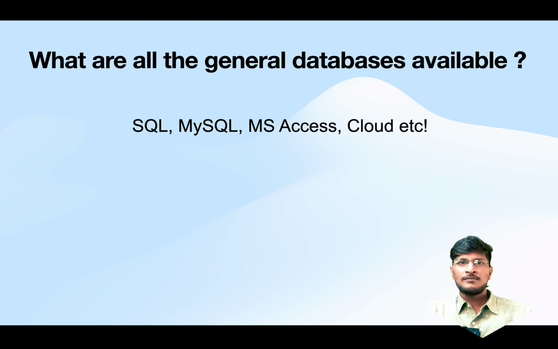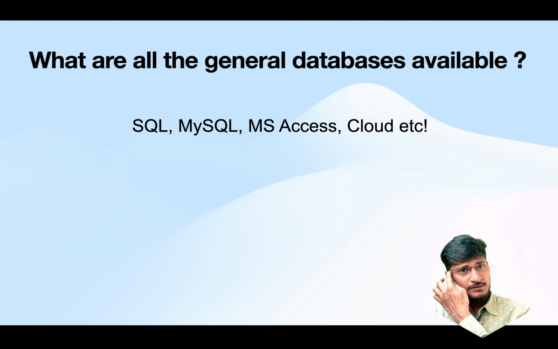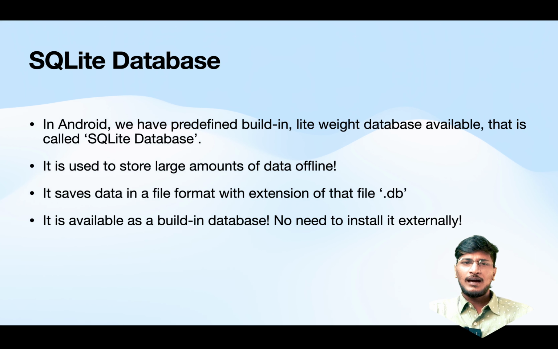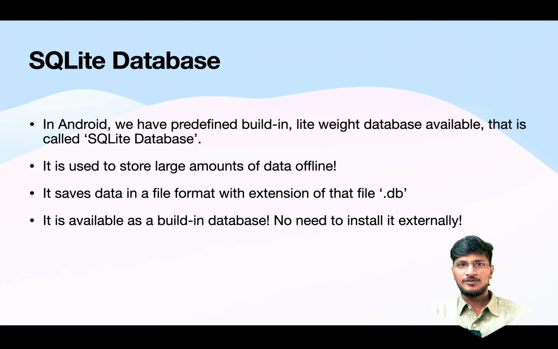For example, if you take SQL Server, you will be installing that SQL Server into your system, because it's an external database. But in Android, we have a built-in predefined lightweight database available. You no need to install it, you can simply start using it just by creating an object to it.